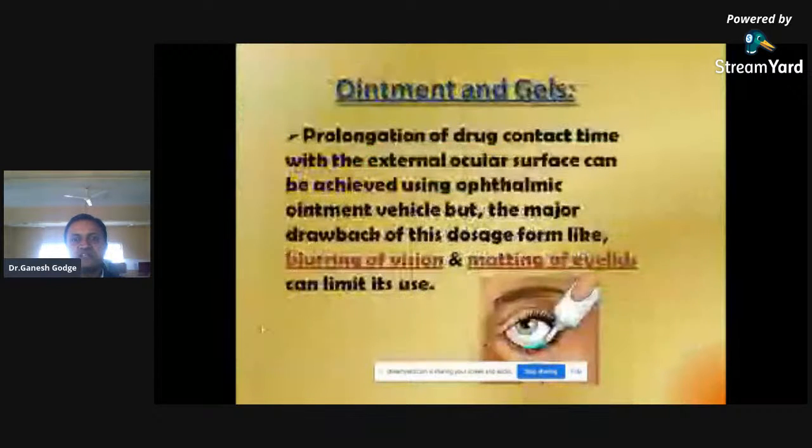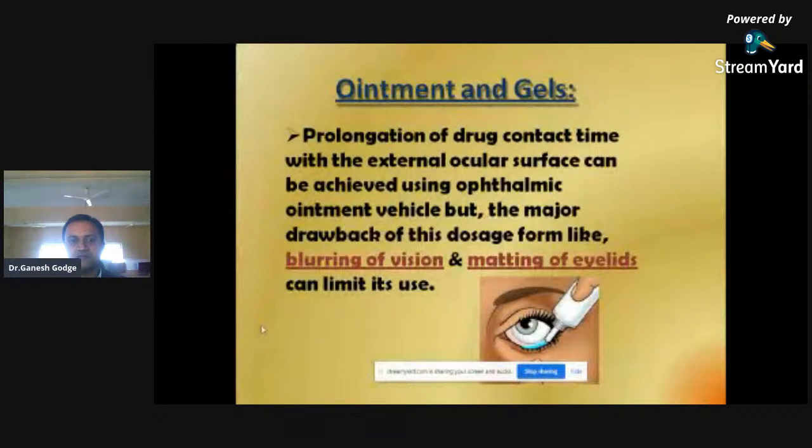Ointments and gels are also available among conventional ocular preparations. Prolongation of drug contact with the external surface of your ocular sac can be achieved using an ophthalmic ointment vehicle. The problem with solution, suspension, or emulsion type ophthalmic products is that they rapidly drain away from the surface.